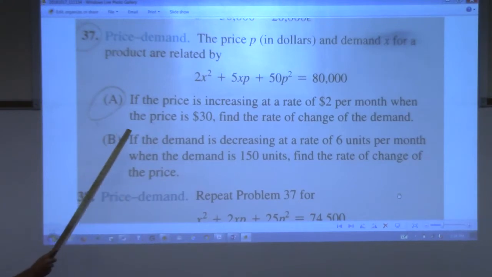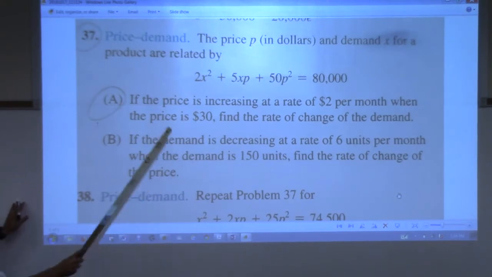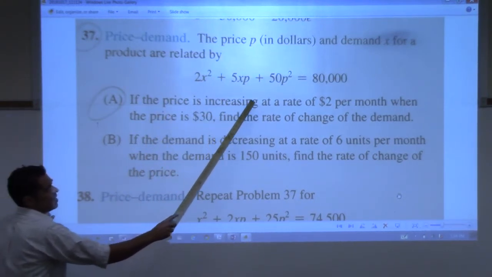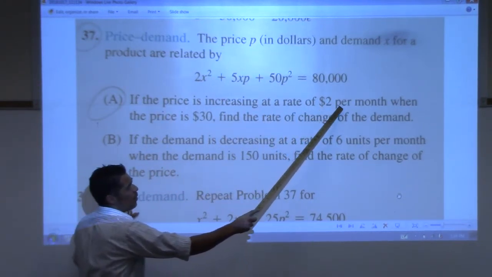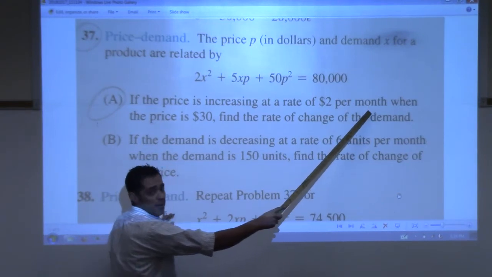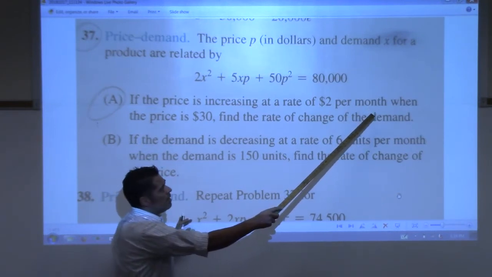Now, look at the question, part A. If the price is increasing at a rate, that means derivative, right? So if the price is increasing at a rate of $2 per month, now we've got time in the problem, right?